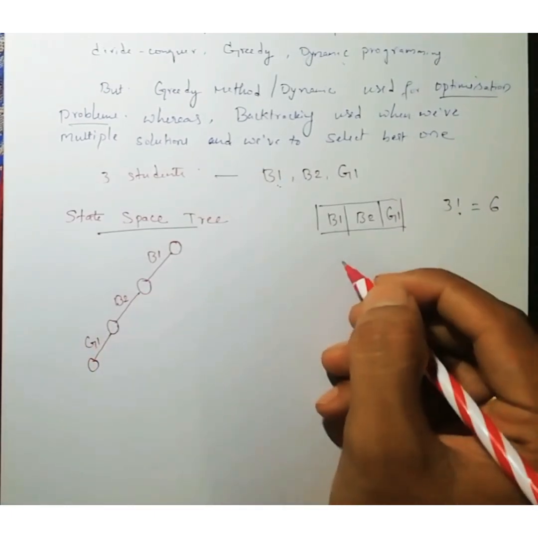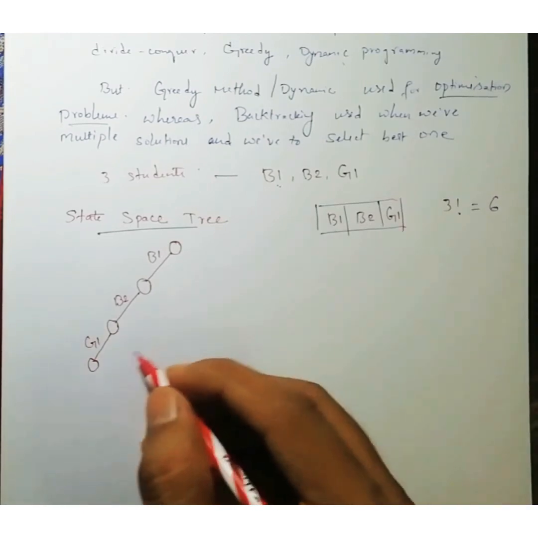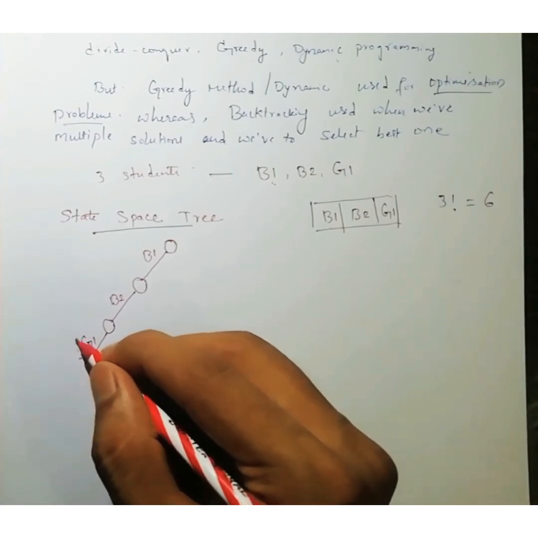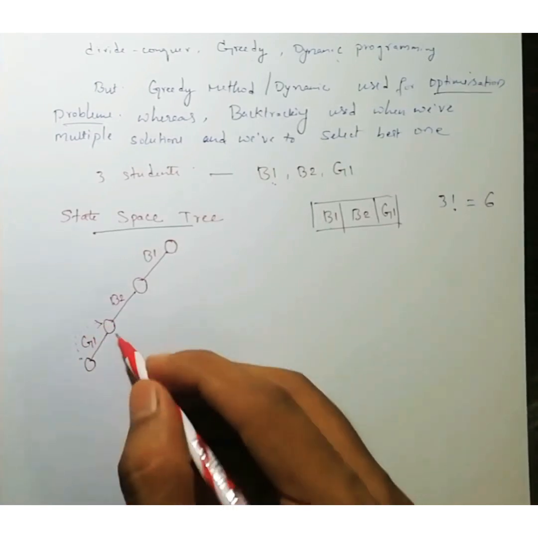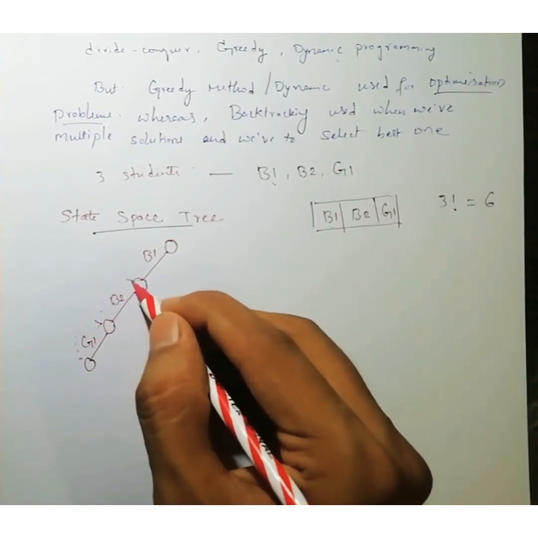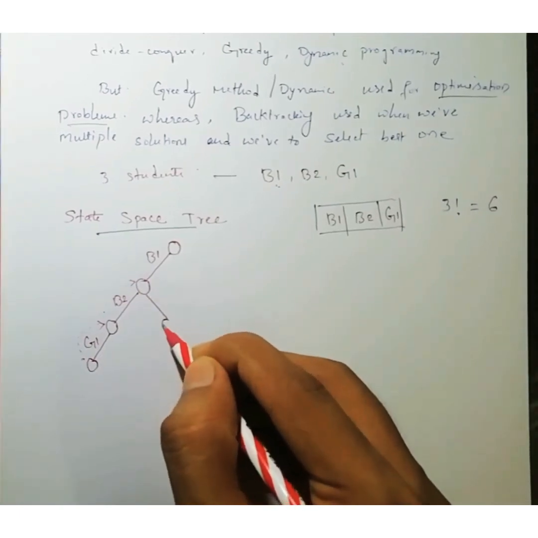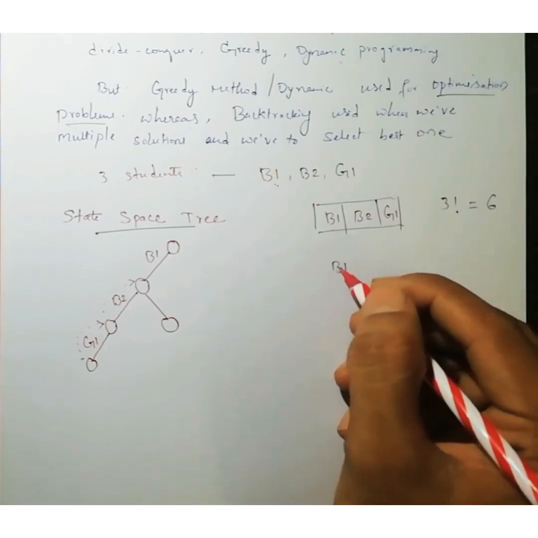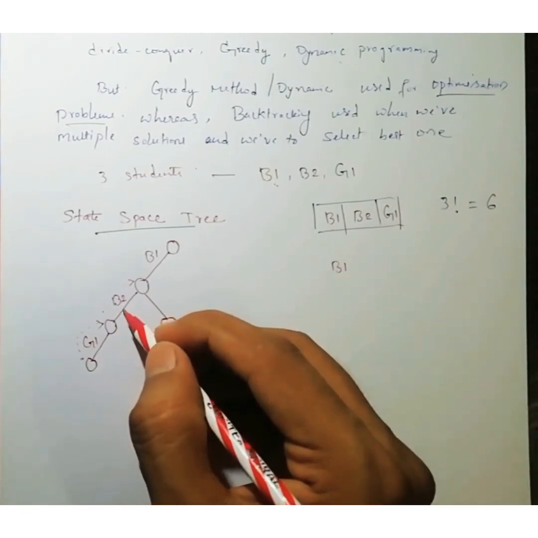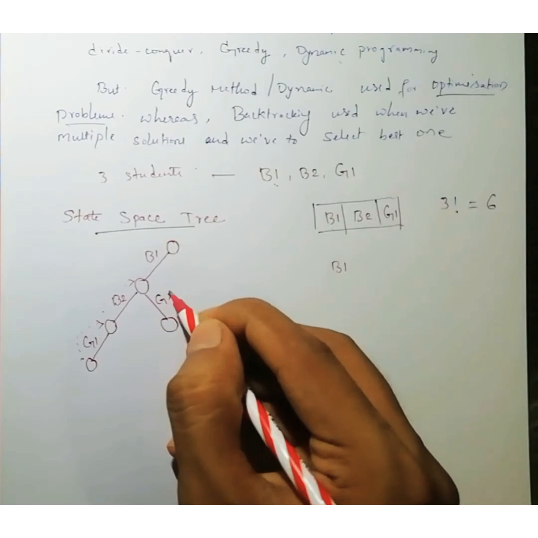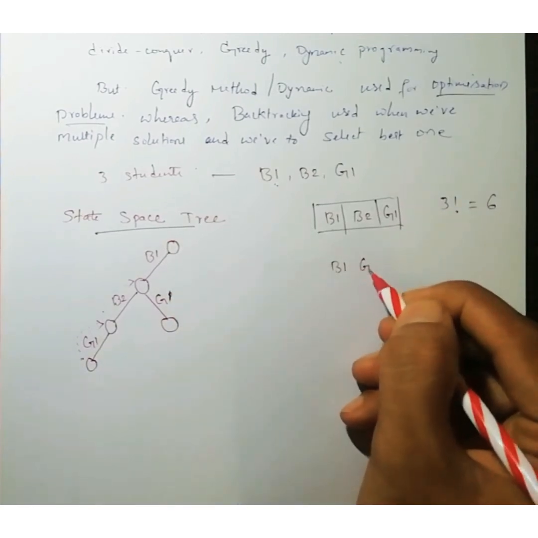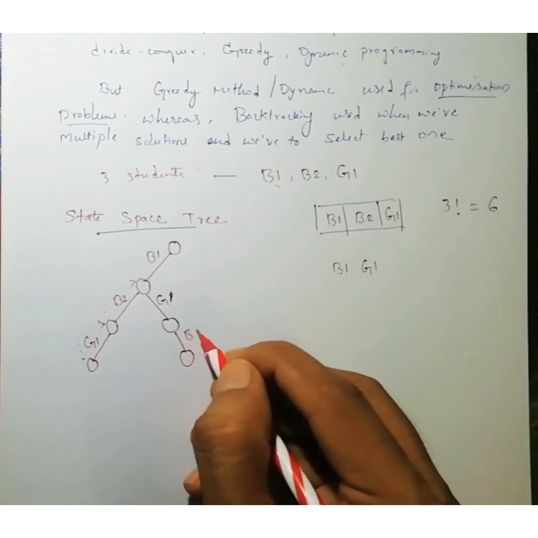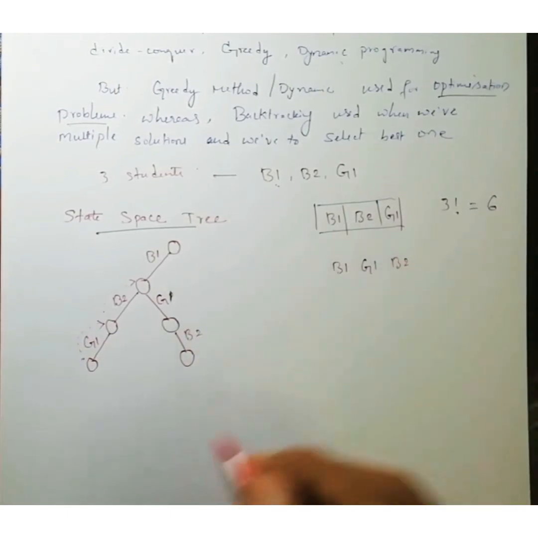What is the second possibility? Just backtrack. B1 stays as it is in the first bench, and in the second bench instead of boy 2, the girl G1 can sit. After the girl, boy 2 can sit. So this is the second possibility.